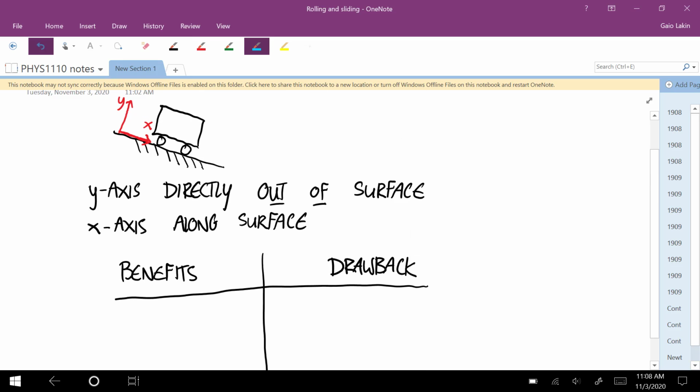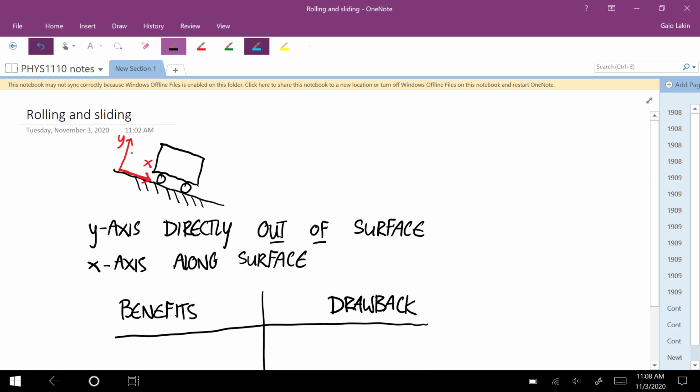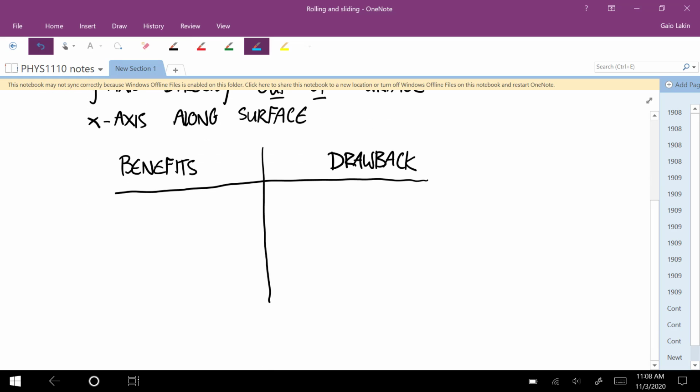Using a coordinate system like this with Newton's second law, the first benefit is the acceleration is always in the x direction only because it can only slide along the surface. That a could be negative or positive, but we'll always represent it just as a, 0, and then we'll calculate the sign of that a.